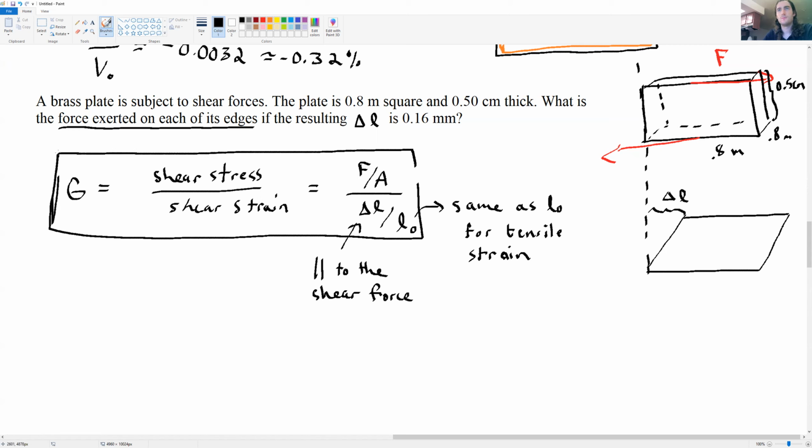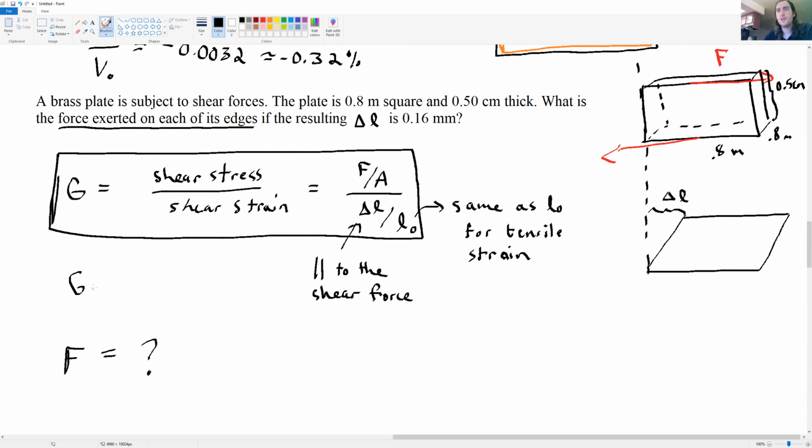Any modulus is stress over strain. If we're solving for the shear forces, what is the force exerted on each of its edges? We're looking for this force F, so we want to solve that equation for F.